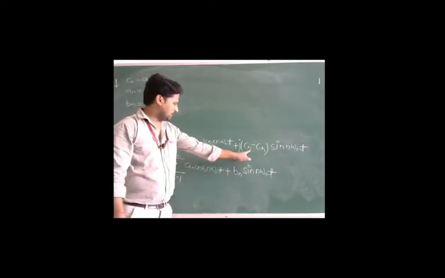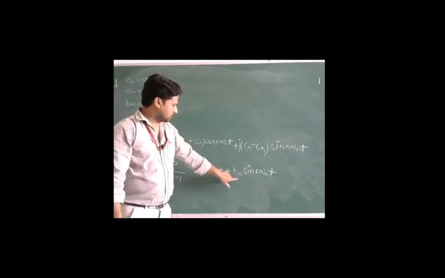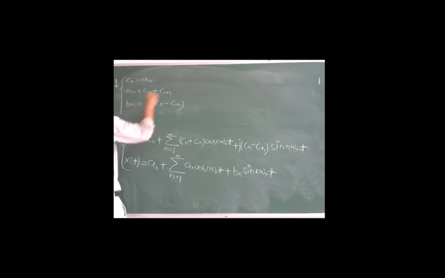From here we can compare both. b n will become j c n minus c sub minus n. If we put these coefficients in this way, we can relate the coefficients of the exponential Fourier series with the coefficients of the trigonometric Fourier series by using these three relations.